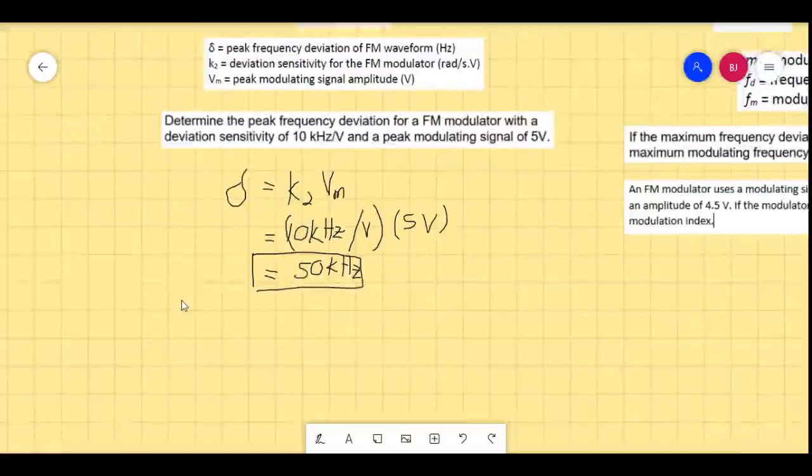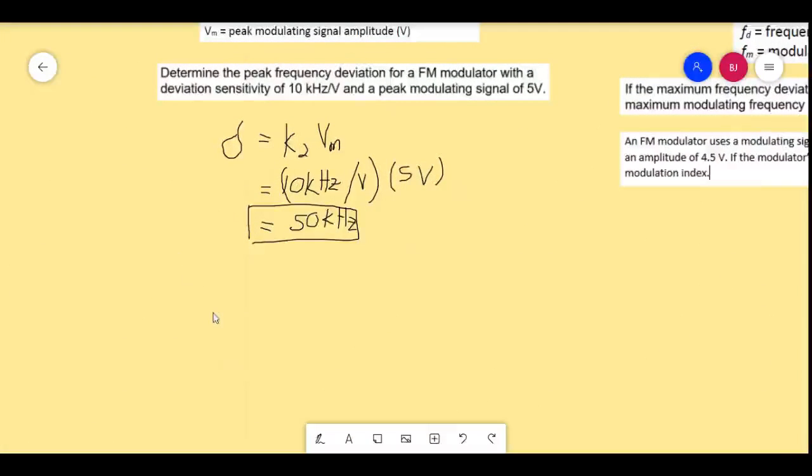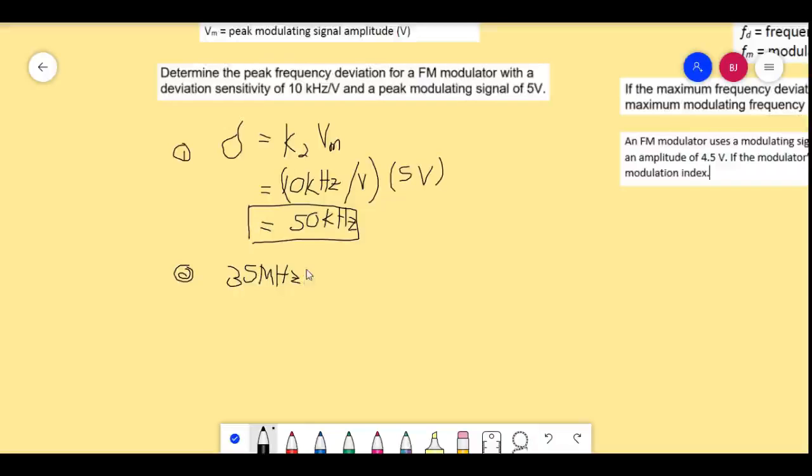Let's have another example. This would be our number 1 example, and let's have a second example, in which we were given a deviation sensitivity of 35 megahertz per volt and a peak modulating signal voltage of 3.5 volts.